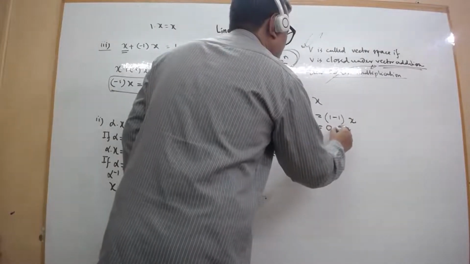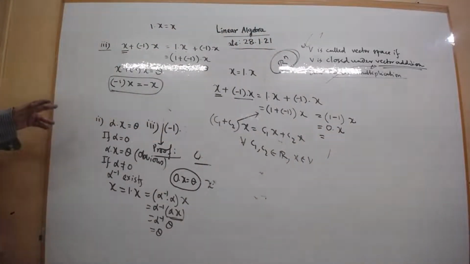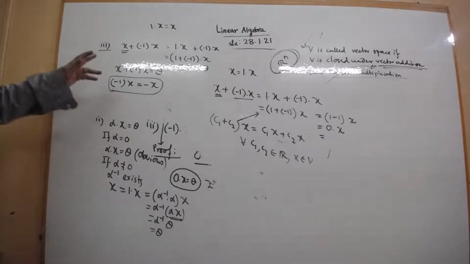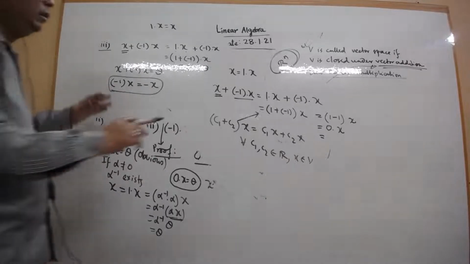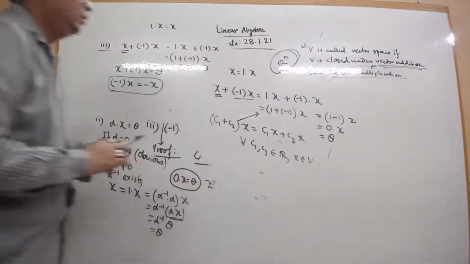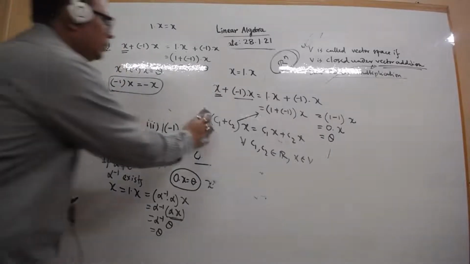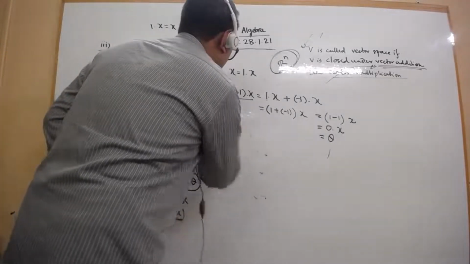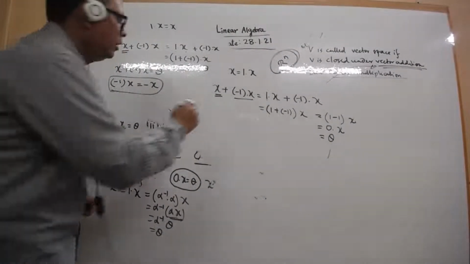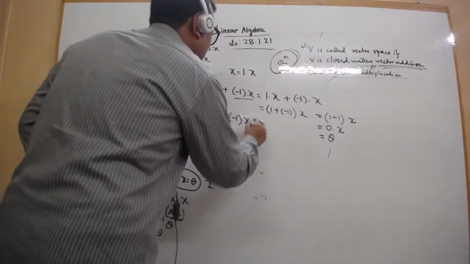This is 0 into x, and I wrote in this theorem part 1, we see that 0 into x is nothing but a theta. Okay? For now. So x plus minus 1 x equal to theta.